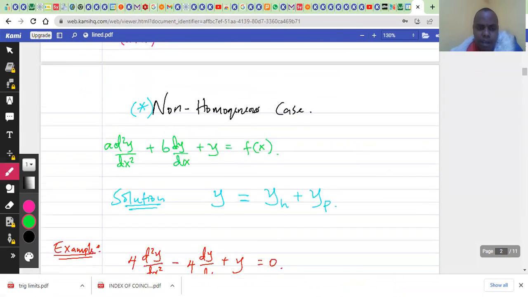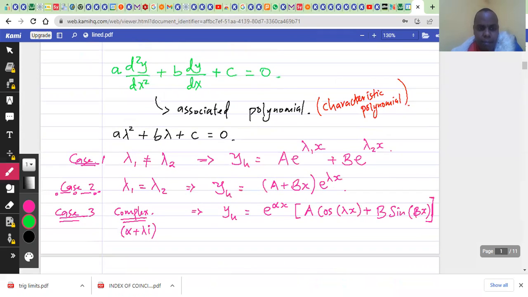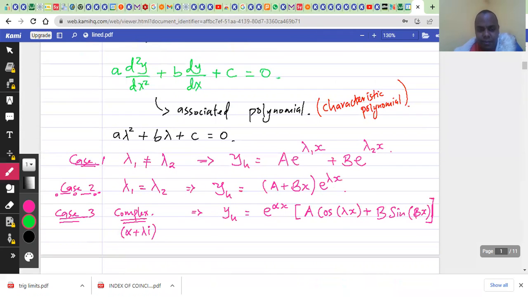And I believe this is going to be case number 3. And according to case number 3, our alpha is -1/2 and our lambda is √3/2, right? Yeah.